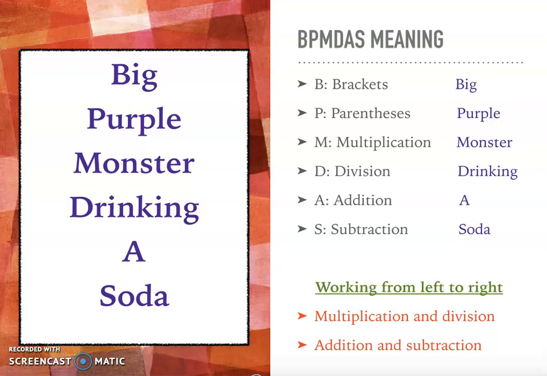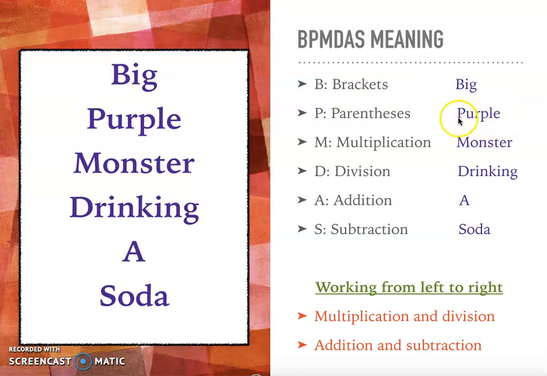So yes, the way that we remember the steps is by saying Big Purple Monster drinking a soda. But the first letters of each of these words represent the actual operation we're going to be doing. So the B in big represents our brackets.